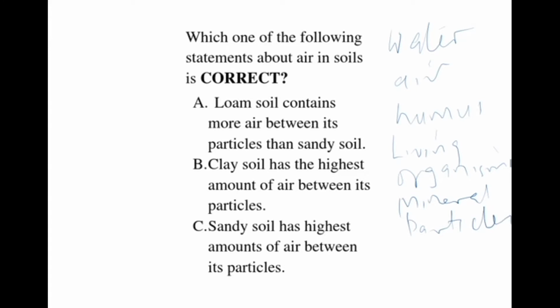The size of the mineral particles is the one that determines the amount of water and the amount of air that is found in that particular soil. We call them the soil particles.